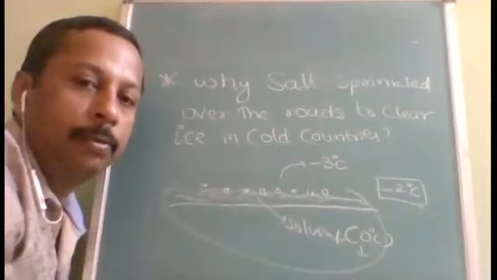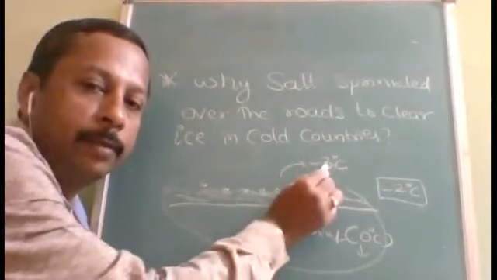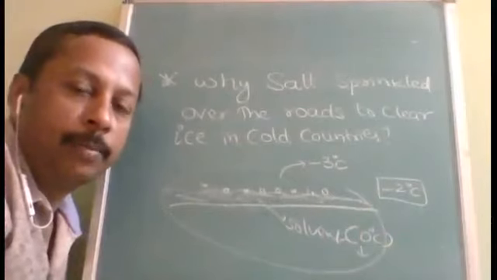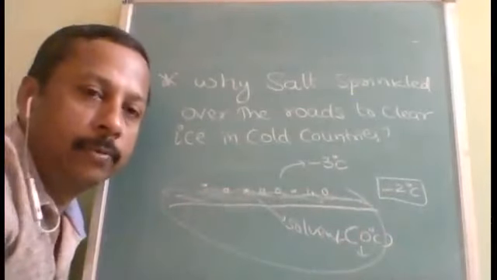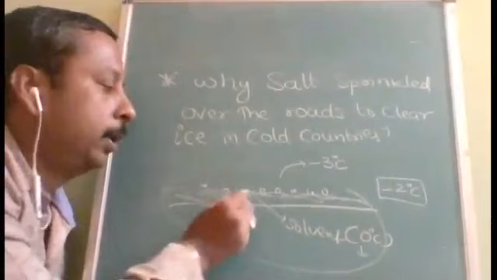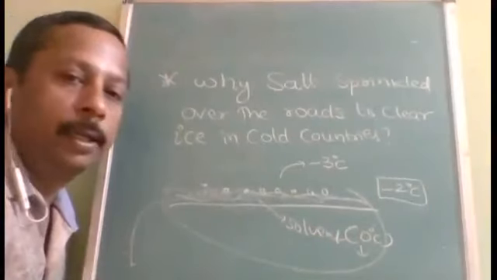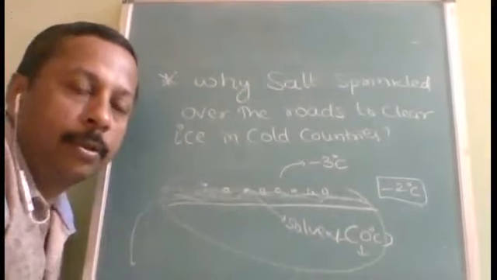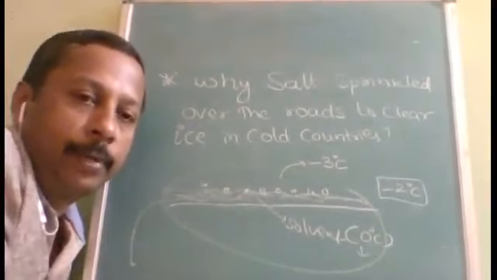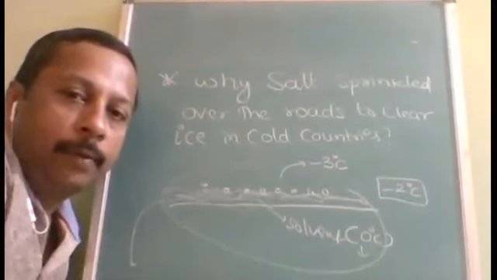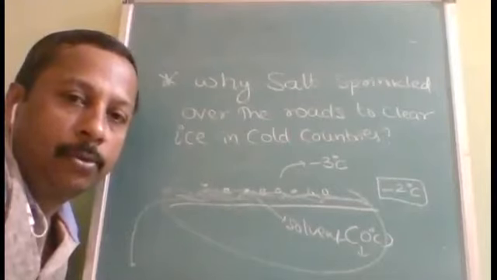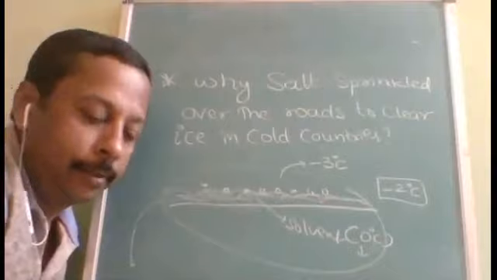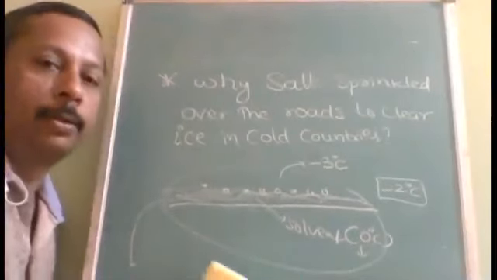Now this solution's freezing point is -3, and the outside temperature is -2. So at -2, this will exist as liquid. That liquid will automatically clear off the roads. Is it understood? So this is a conceptual application of the depression in freezing point. Then one more application is also there.